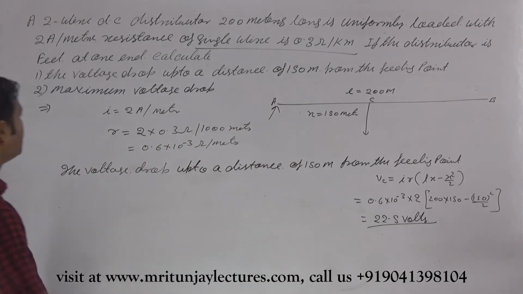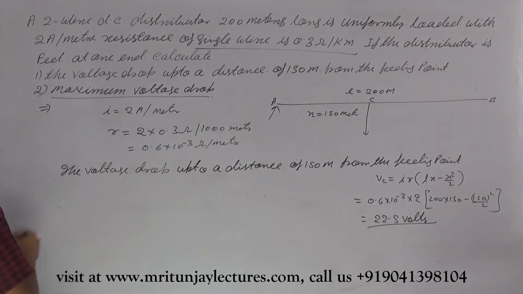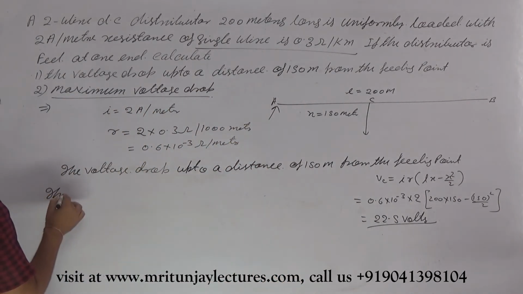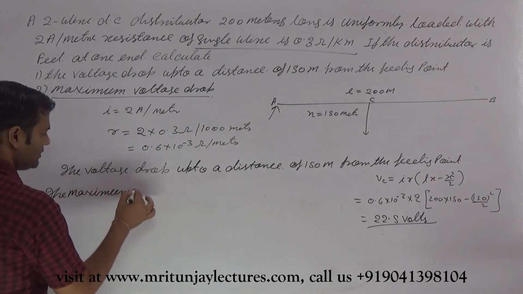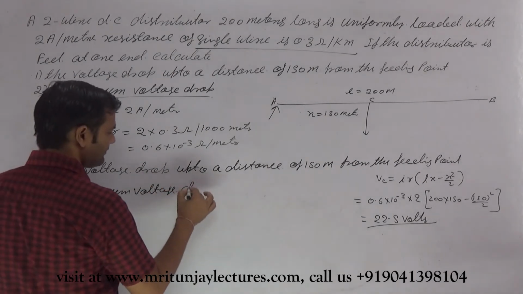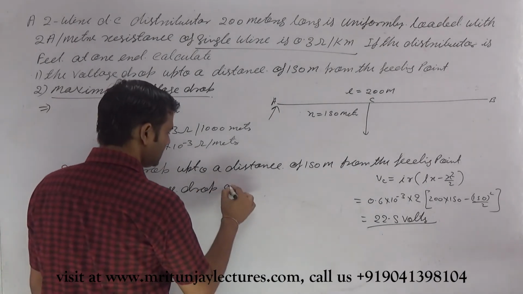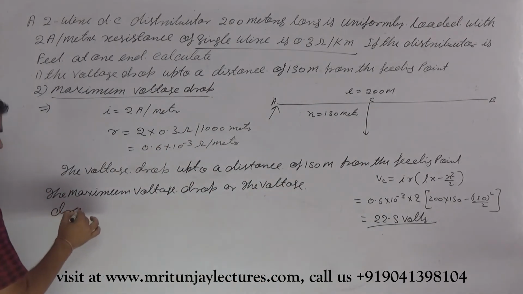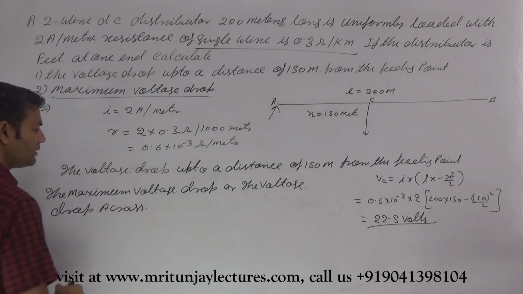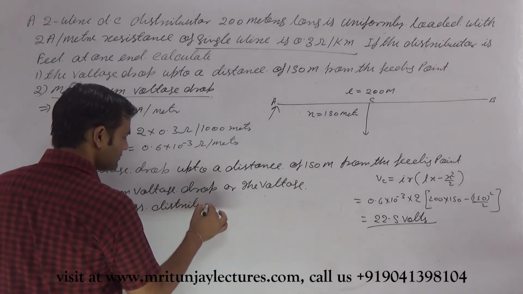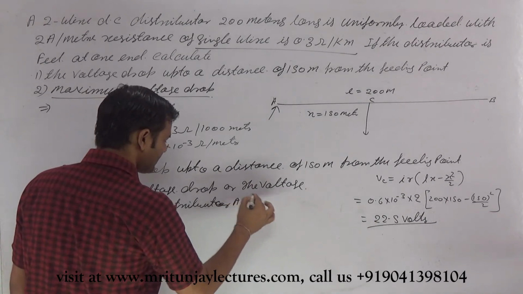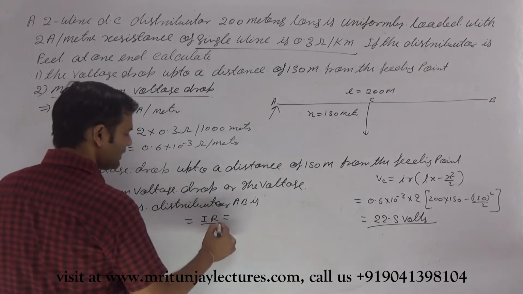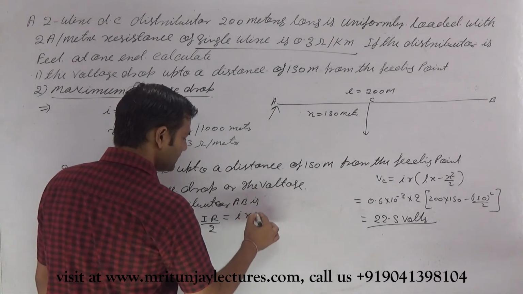Now our next target is the maximum voltage drop. I know that the maximum voltage drop, or the voltage drop across distributor AB, is I into R by 2, or you can say I into R into L squared by 2.